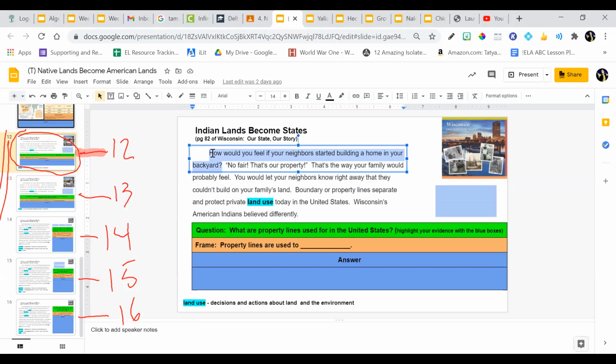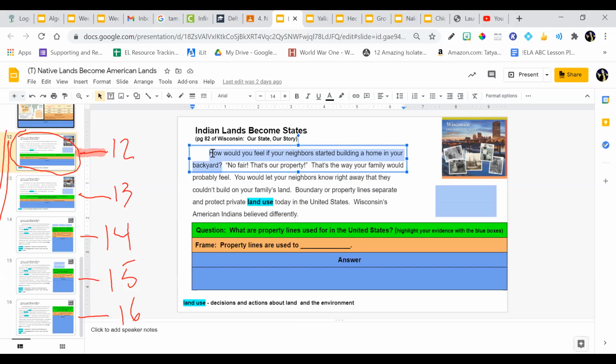I don't know. Do you live in a house or apartment? In a house. Okay, so let's imagine your neighbor comes to your house and just starts building things in your house. How would you feel about that?